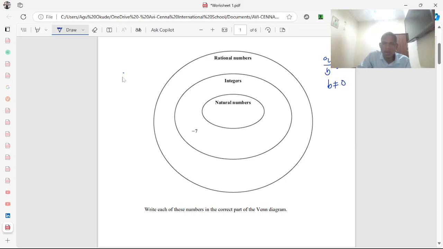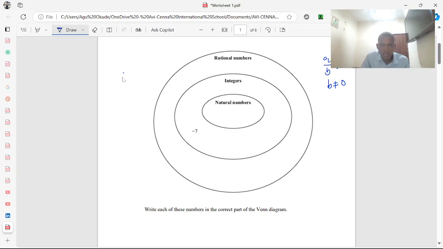So these are called rational numbers. Rational numbers contain integers and natural numbers, which means integers and natural numbers are all under rational numbers.